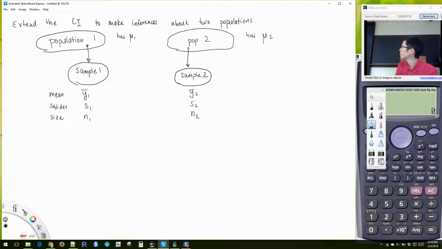The question is, let's say y bar 1 and y bar 2 are different, and that's almost always going to be the case, right? If y bar 1 and y bar 2 are different, does that mean that mu1 and mu2 are different?